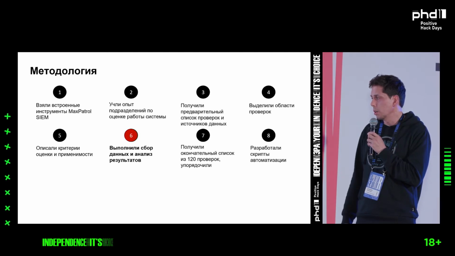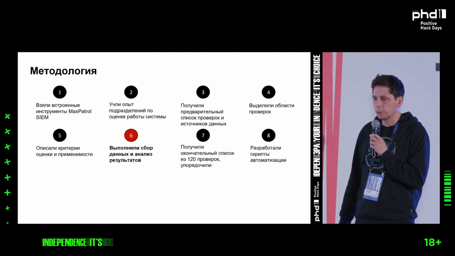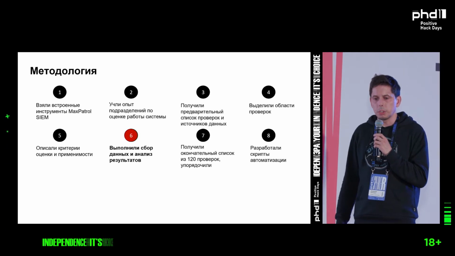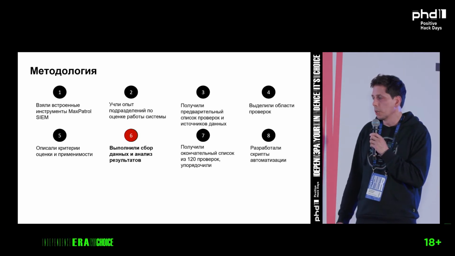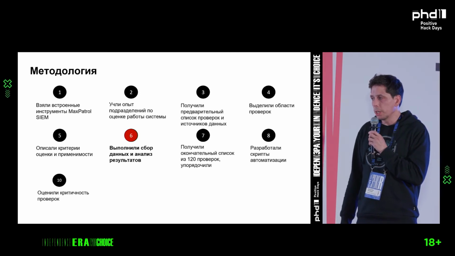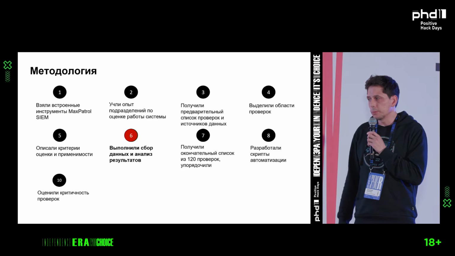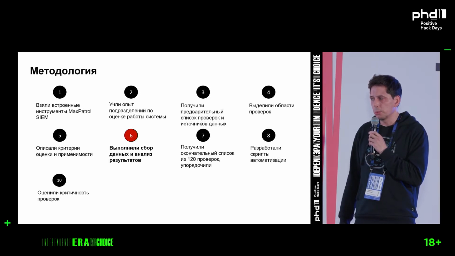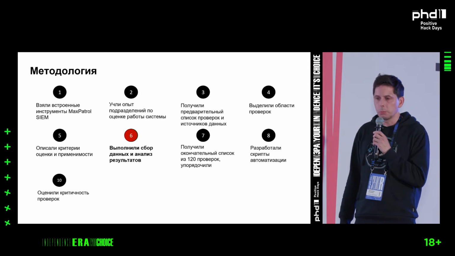Naturally, we didn't want to do it all manually. That's why we developed automation scripts. And they also did some pre-processing of the results. It was also important to prioritize the results of these checks and our observations.